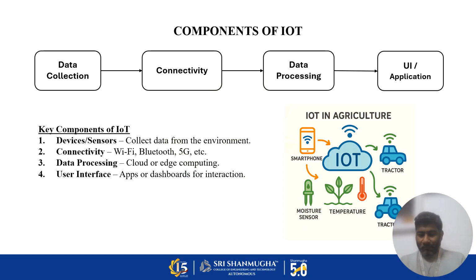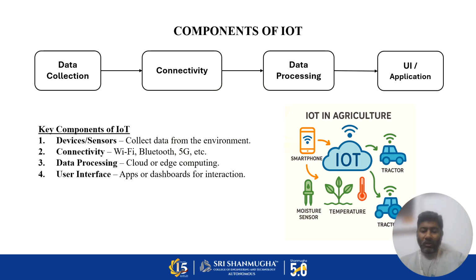Let me give you an example. You have a moisture sensor, a temperature sensor, a humidity sensor, as well as a motion sensor, and we are going to use them in an irrigation application. When you have established these networks, they will be constantly sending you input from time to time.